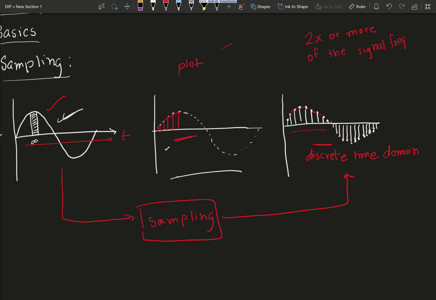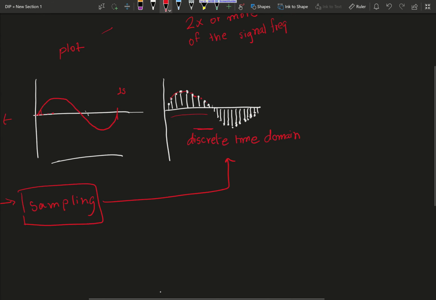So let me show you why two times the signal frequency is necessary. Here is an old sine wave curve, say in 1 second it completes one cycle, so its frequency is 1 hertz.